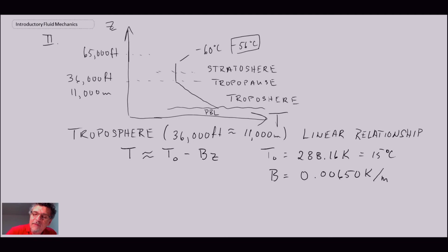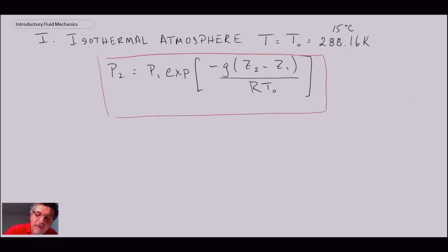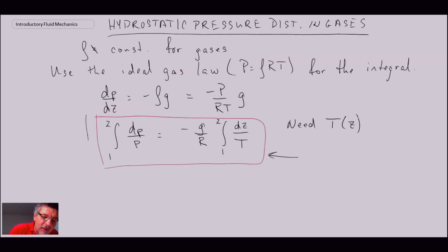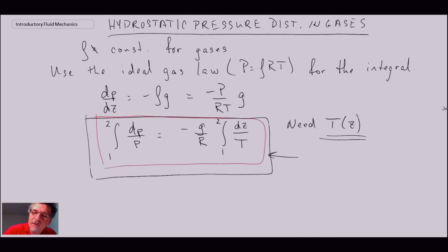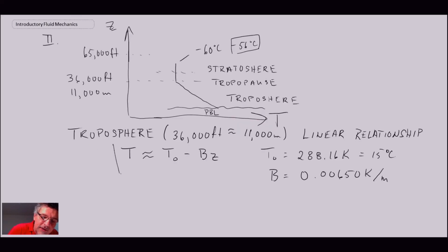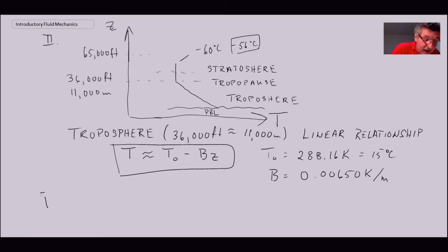With that, if we go back to our equation and put in that distribution for the temperature for the troposphere, with those constants, we find the pressure is the atmospheric pressure times 1 minus Bz divided by T naught, raised to the power of G divided by the gas constant for air times B, where B is the slope of the temperature gradient.